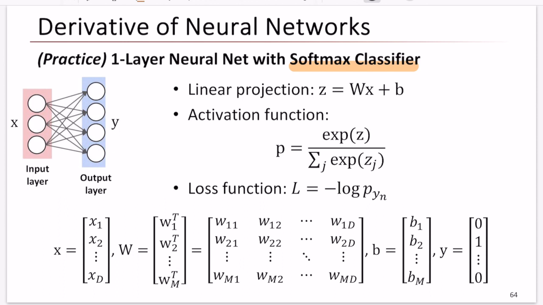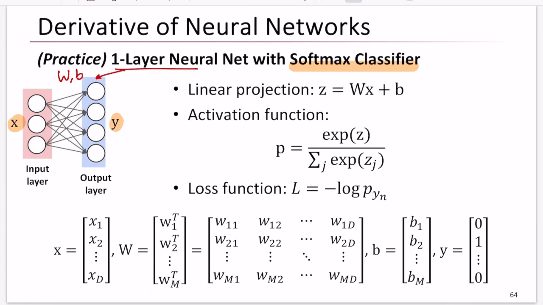So from now on, you have the same input vector x and output layer y, and of course you have learnable parameters W and b. I mean the one layer.